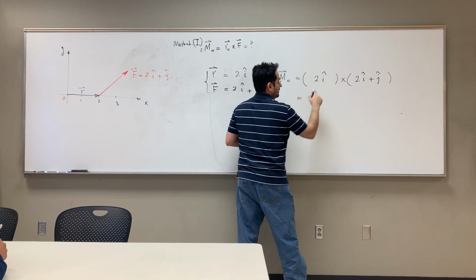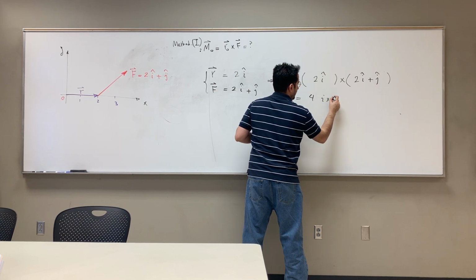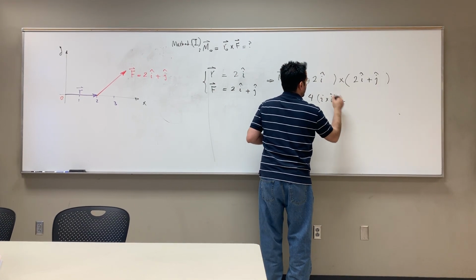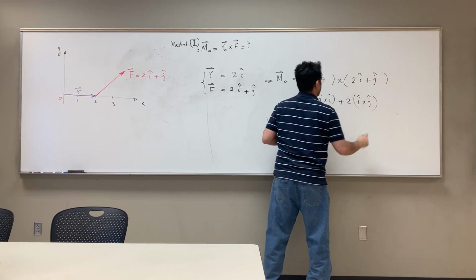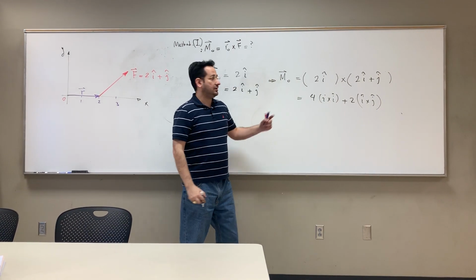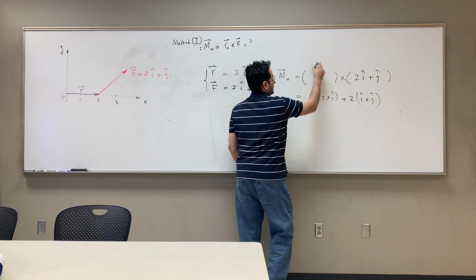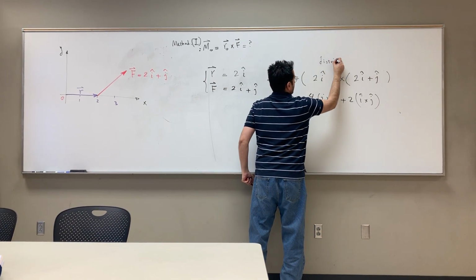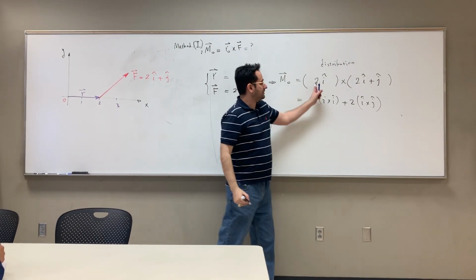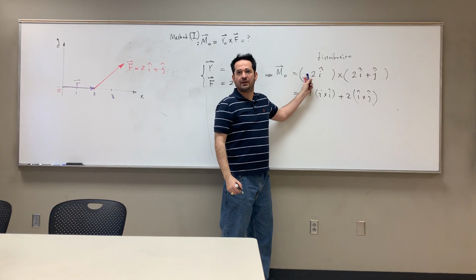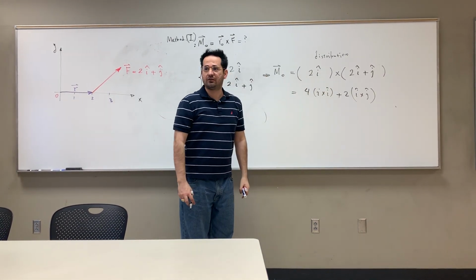So that's going to be 2 times 2, 4i cross i, plus 2i cross j. You see that? This times this plus this times this. The method of distribution. You factor out 2, they're scalars. 2 times 2, 4 times i cross i, plus 2 times i cross j.